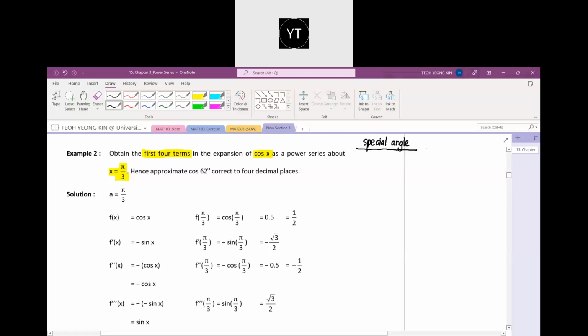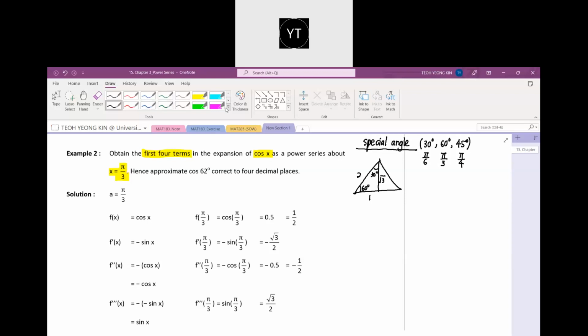If you still remember, the special angles are 30 degrees, 60 degrees, and 45 degrees. 30 degrees is pi over 6 in terms of radians, 60 degrees is pi over 3, and 45 degrees is pi over 4. If you have an equilateral triangle, with sides 1, 2, and square root of 3, here is 60 degrees and here we have 30 degrees.